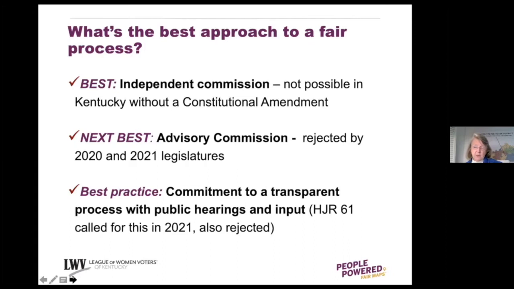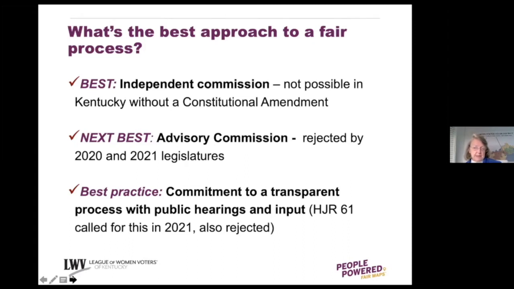In Kentucky, we could not have an independent commission without a constitutional amendment. And we believe that that is just not feasible in this state with the current legislative control. And actually, neither party, when they're in control, wants an independent commission. They usually want to do it themselves.